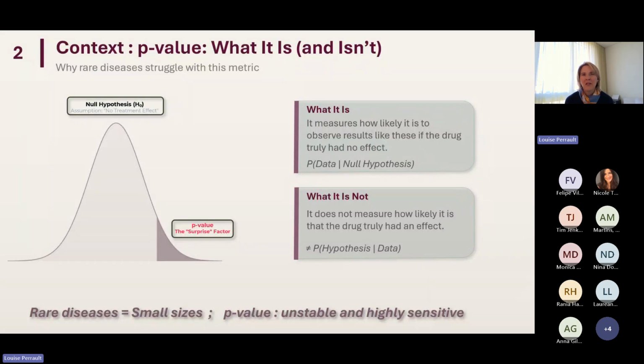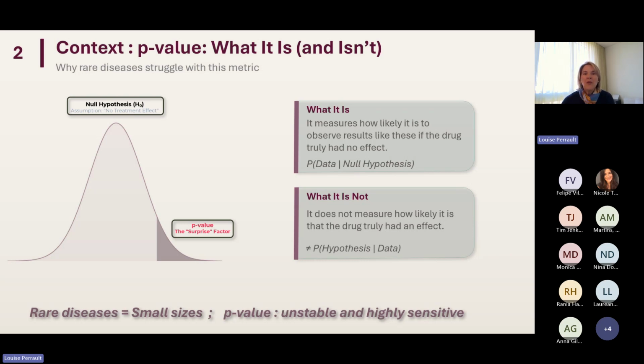A p-value over 0.05. The p-value tells you how surprised you should be by your results if the drug doesn't work. So under the null hypothesis, the p-value tells you how surprised you should be about your result. What the p-value does not tell you is the probability that the drug works. These are two different concepts.